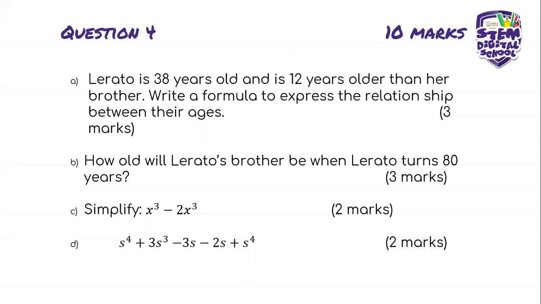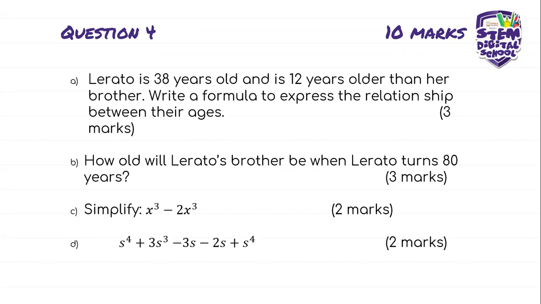If you have checked thoroughly, you'll see that s to the power 4 appears twice, and then you should be able to just add the two. S to the power 4 plus s to the power 4 should give you 2s to the power of 4.